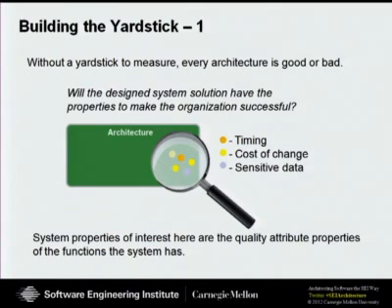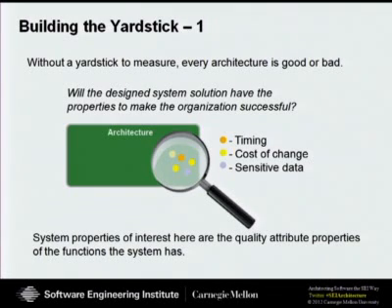Recall, we try to find an answer to the question, will the design system solution have the properties to make an organization successful? And with properties, we said, well, it's the functions by themselves, but also all the properties that come with the function. And here by properties, I mean actually the quality attribute properties.